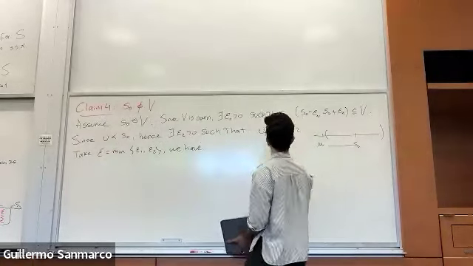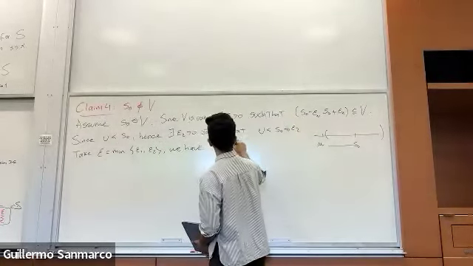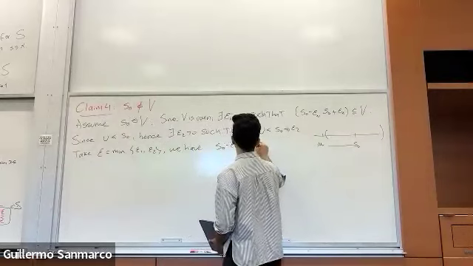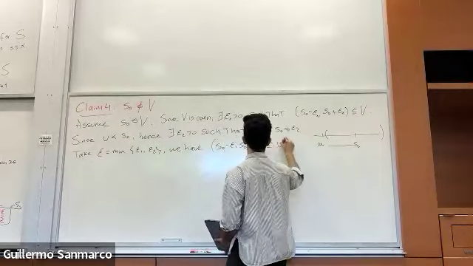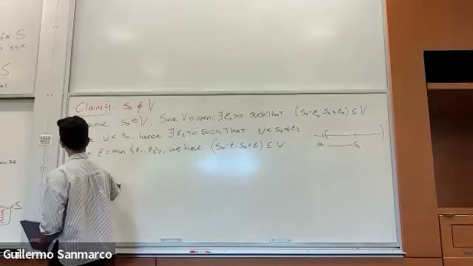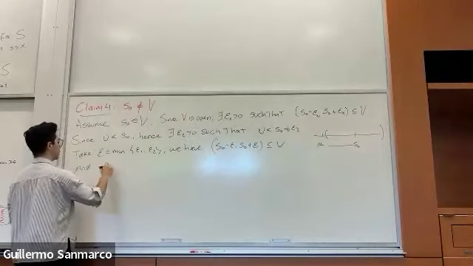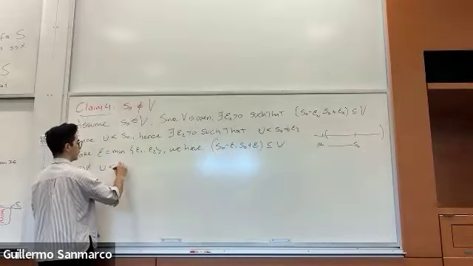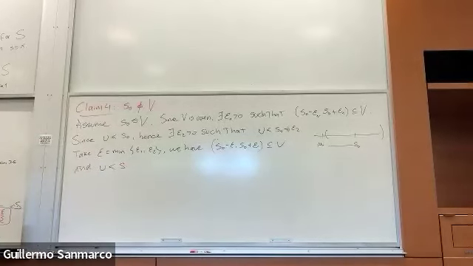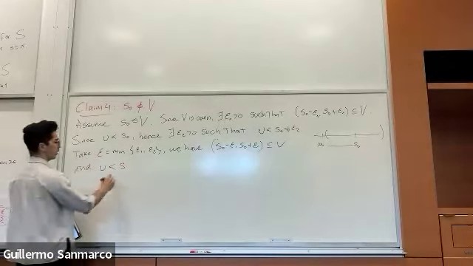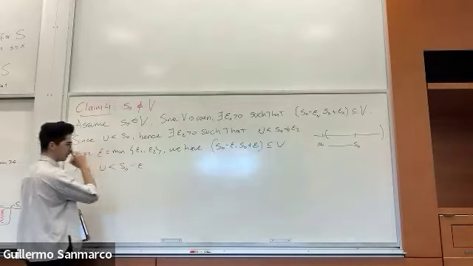So we'll have S naught minus epsilon, S naught plus epsilon inside of V, and U is smaller than S naught minus epsilon.